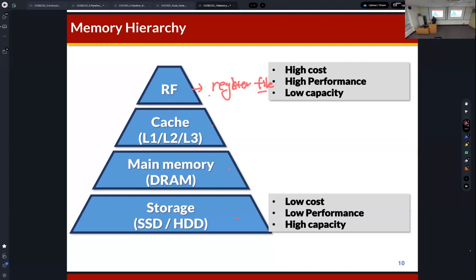In the integer register file, we can store 32 integer data, right? And then you can find the cache, which we'll learn about later, and then main memory, the DRAM. Then this is the storage.